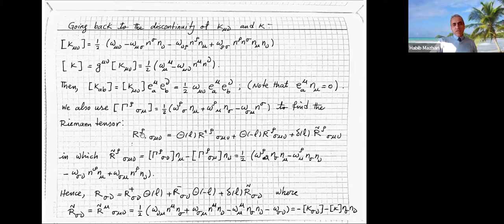And also when you contract the Riemann tensor, you get the Ricci tensor. Again, it will give you a part which shows its discontinuity, and that part is given in the last question.